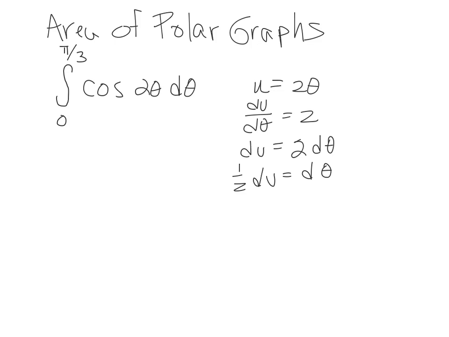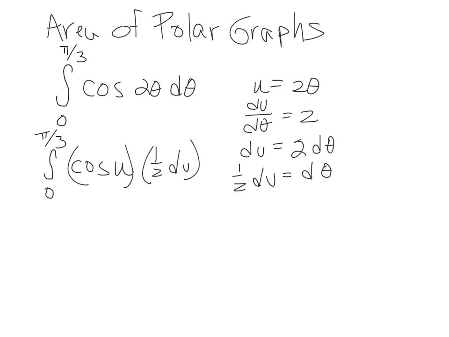We're going to end up going back to theta and not staying in terms of u. So we'll integrate from 0 to pi over 3, the cosine of u instead of 2 theta, and then d theta comes out and 1/2 du goes in its place. So the 1/2 comes in front, and then it's cosine of u du.